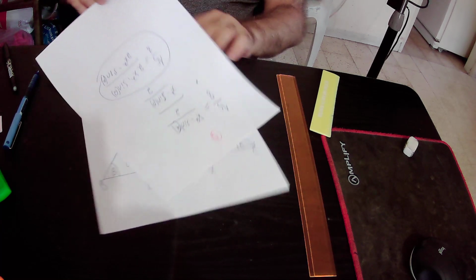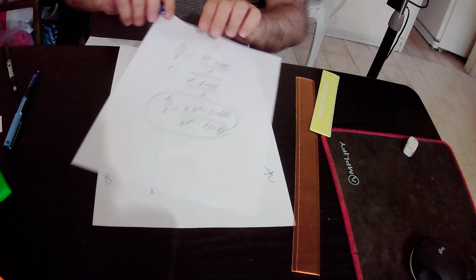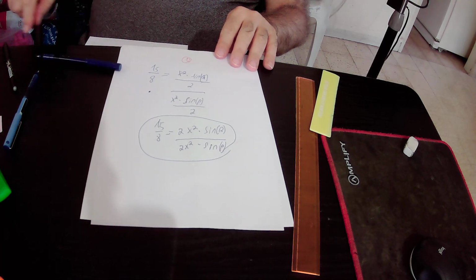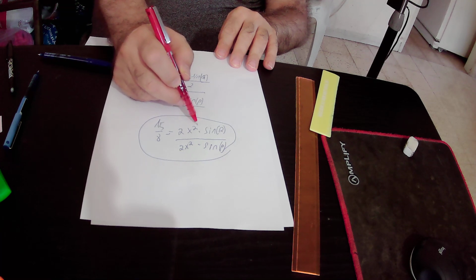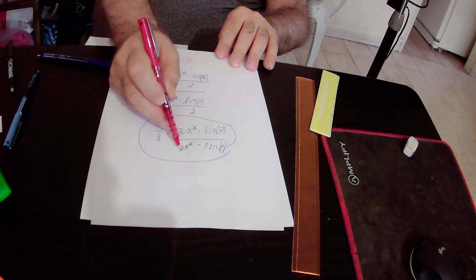Here 2X squared over 2X squared is 1, so 2X squared is cancelled.